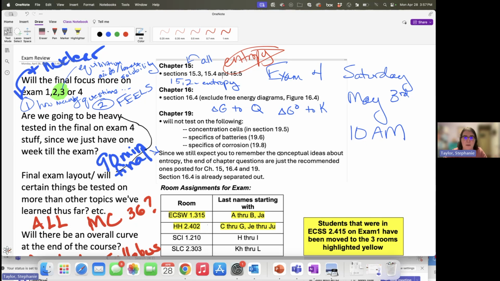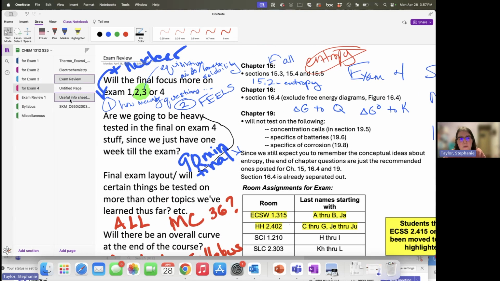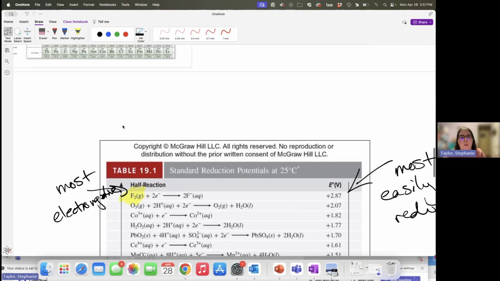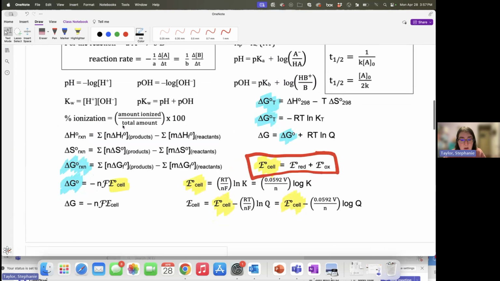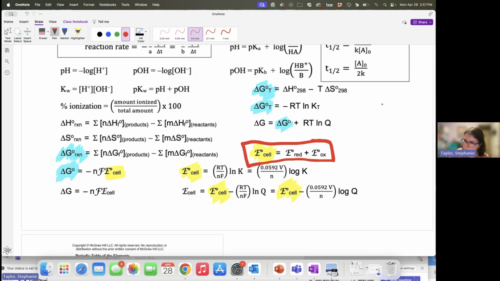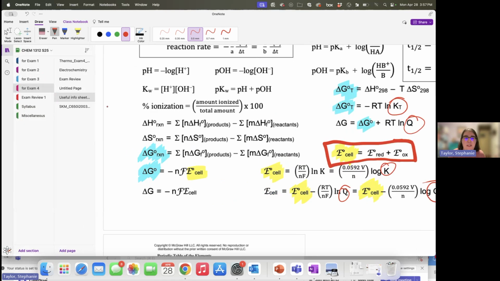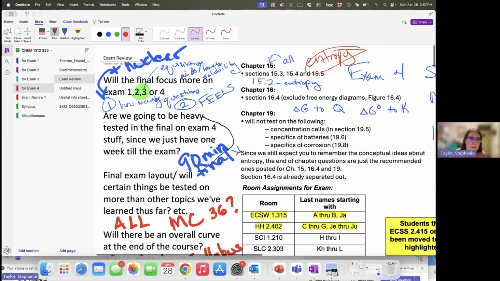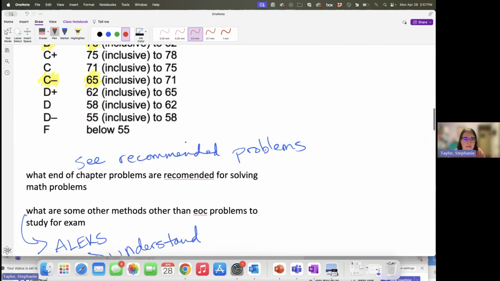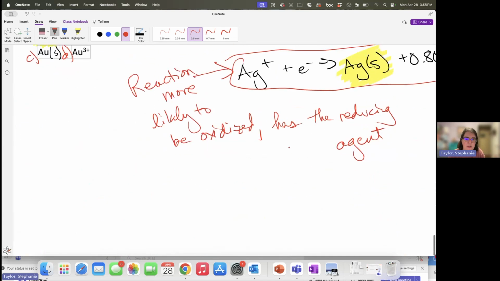And then the other thing that I think you've actually seen, when we look at this potentially useful information page and the kinds of equations that are on here, is that Q shows up in various locations, and K shows up in various locations. So being able to take a reaction, I don't have one right now, I guess we'll just make one.